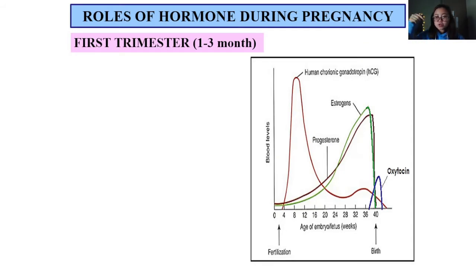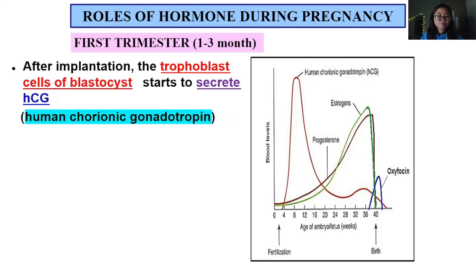As you notice down here on the right-hand side, you have a graph that shows the different blood levels of hormones, which are HCG, progesterone, estrogen, and also oxytocin. It's mapped out to the age of the embryo and also points out the points of fertilization and the birth.